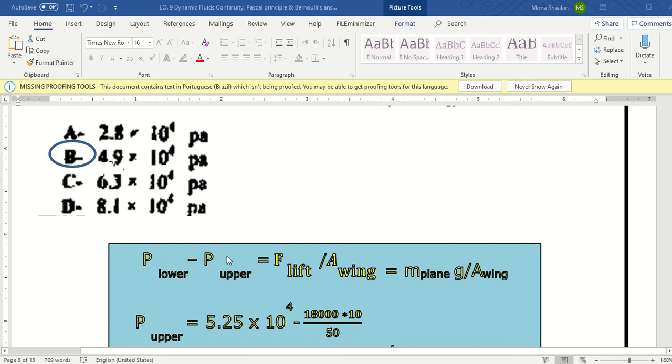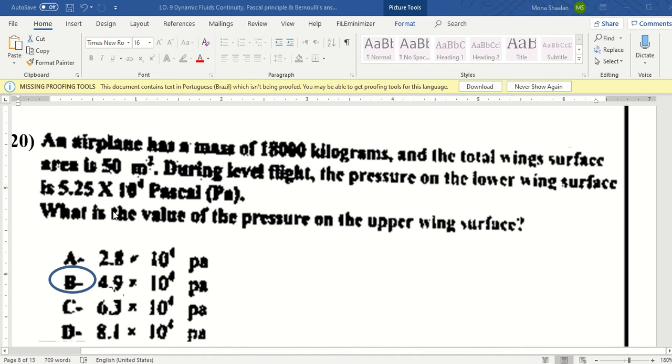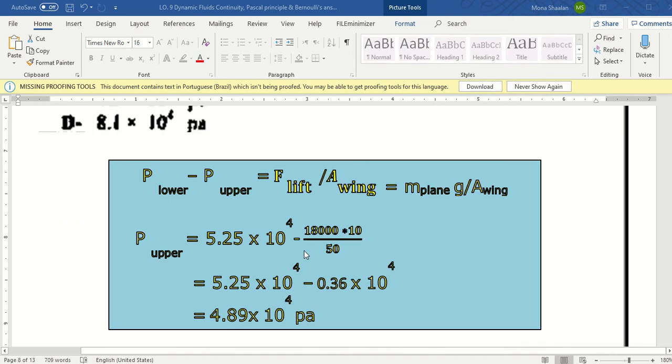So this lifting force, or weight force, equals mass times gravitational field strength. By substituting the value of the lower pressure region and subtracting the value of force over area, we get the value of the upper pressure.